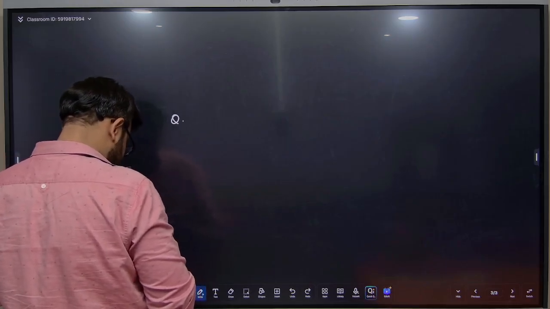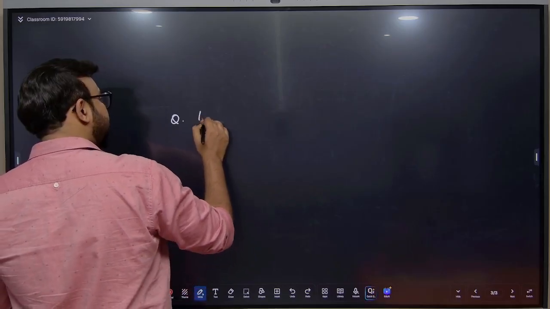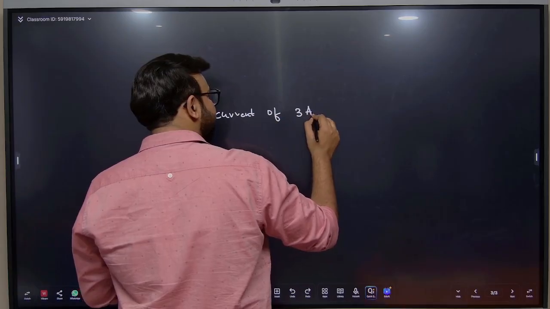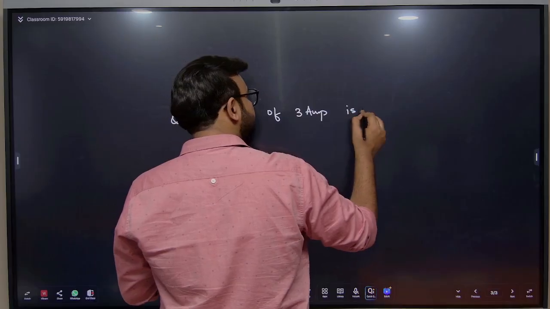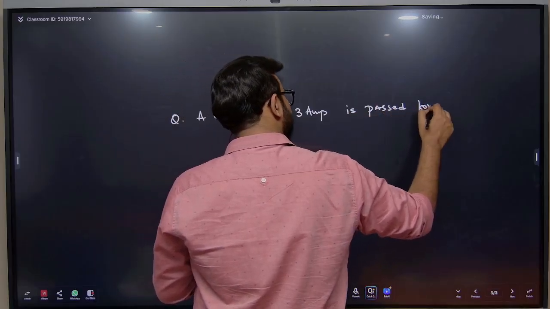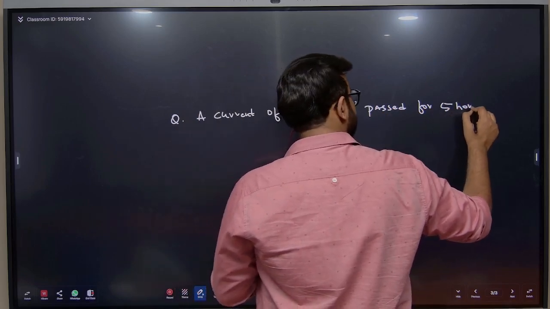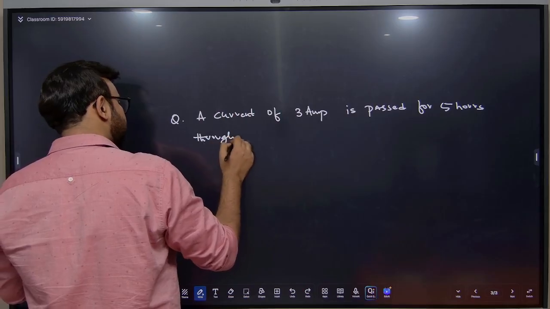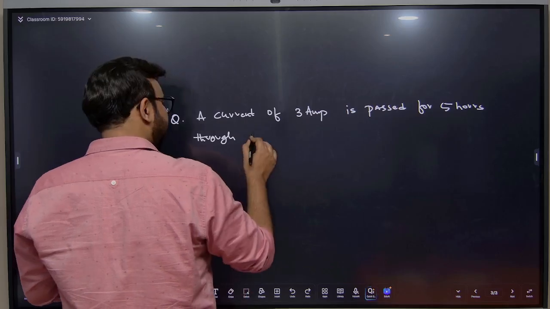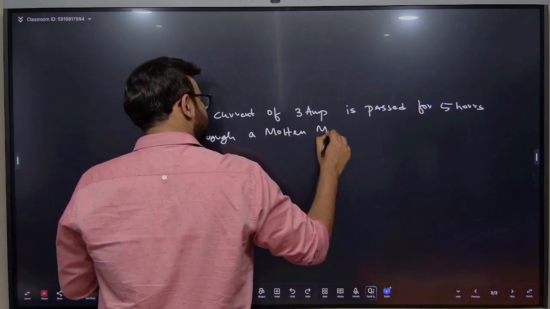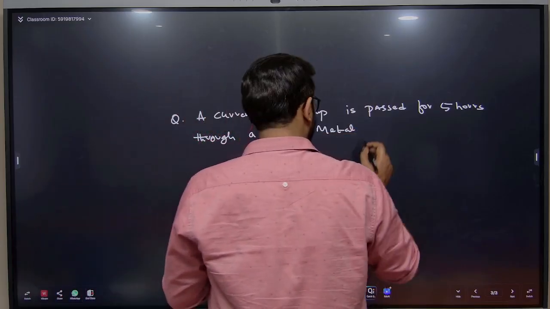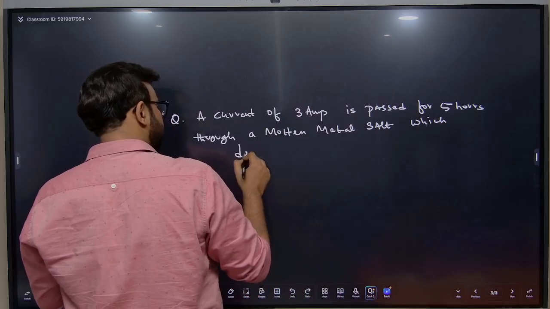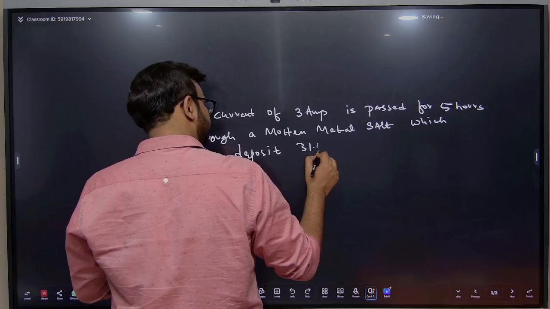So the question says, a current of 3 amperes is passed for 5 hours through a molten metal salt, which deposits 31.6 gram of metal.